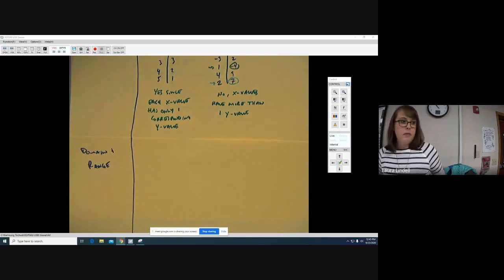First of all, does anyone remember what domain and range correspond to? Which one's X, which one's Y? Anyone remember? Yep. Domain is X, range is Y.